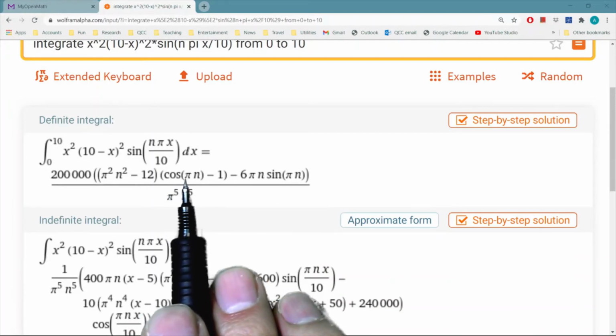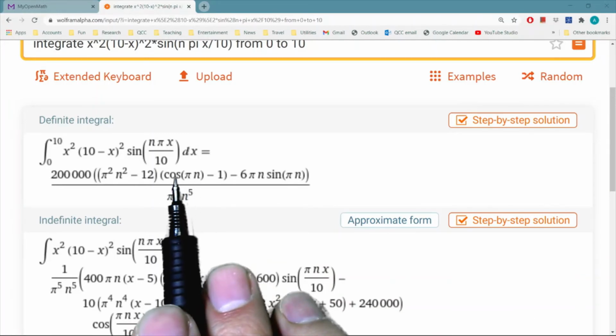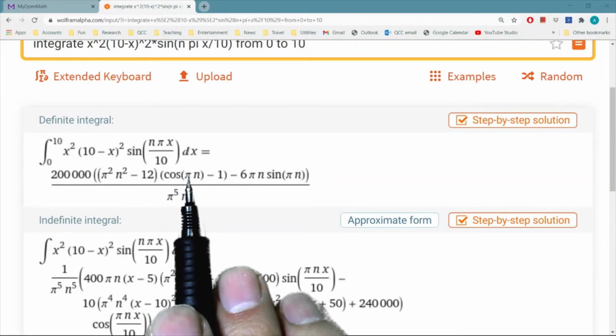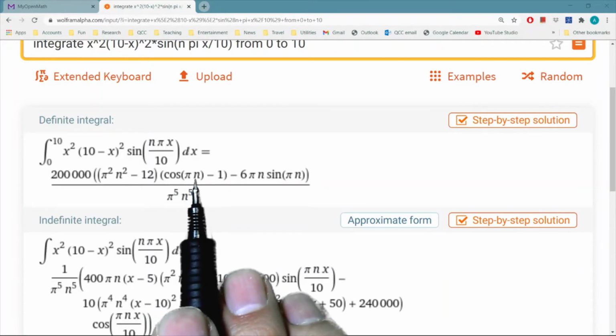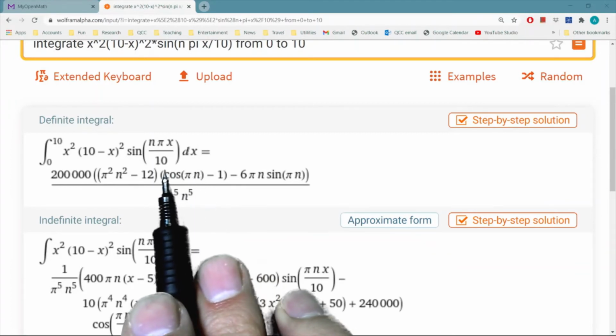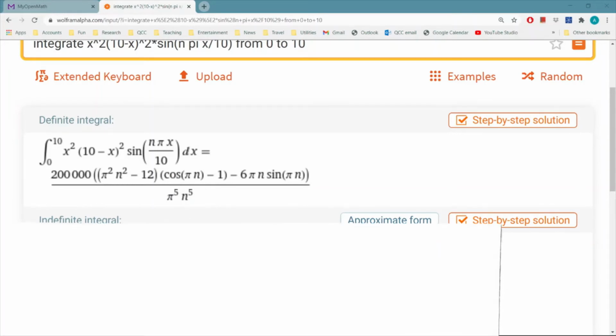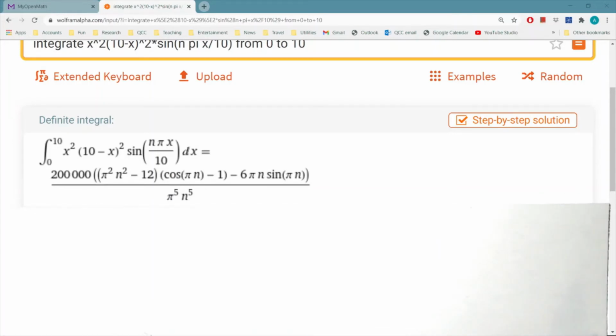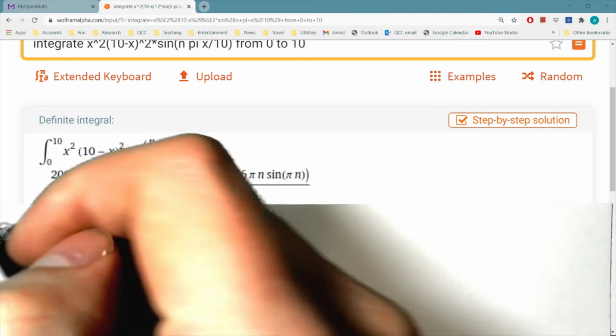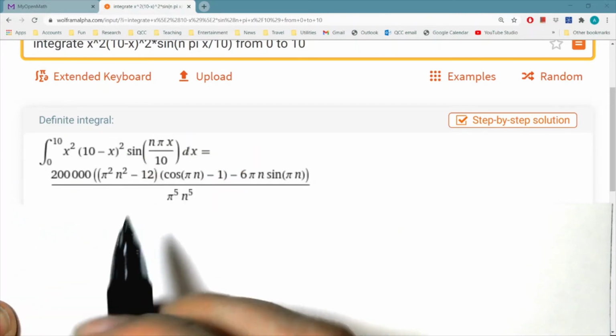Well, cosine of pi times n, well, that's either equal to +1 or -1, depending on whether n is even or odd. So this piece over here can just be written as (-1)^n. So that's not that bad. So if I were to simplify all this, we could just write it as, so we got this 200,000 here.